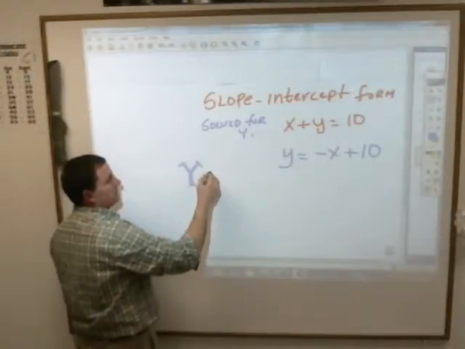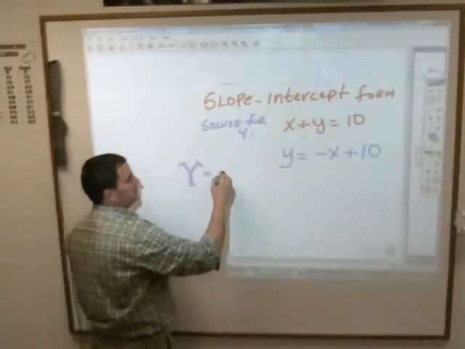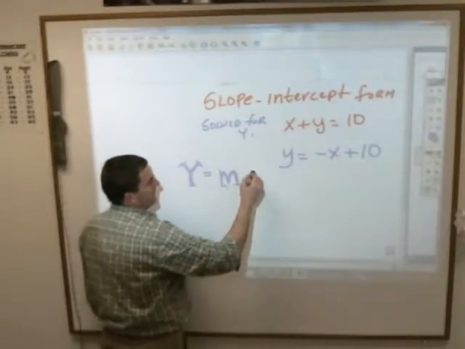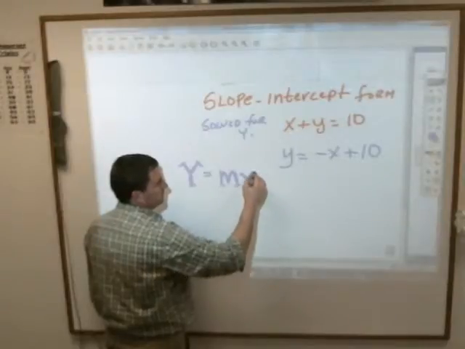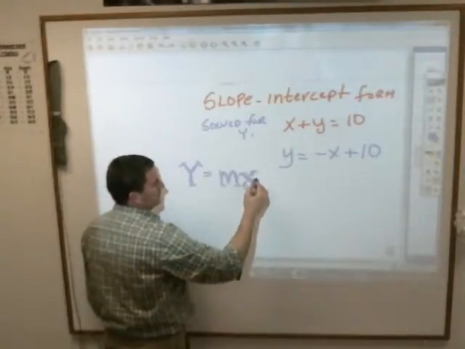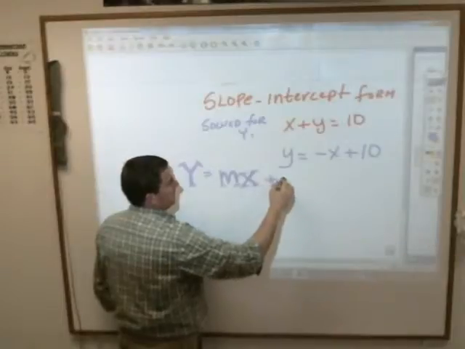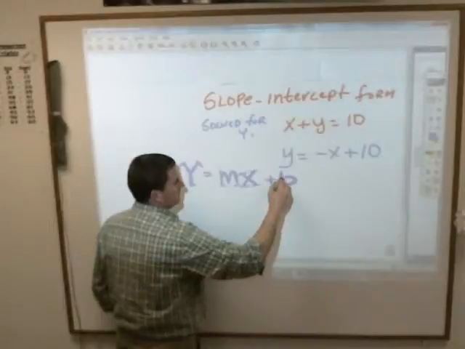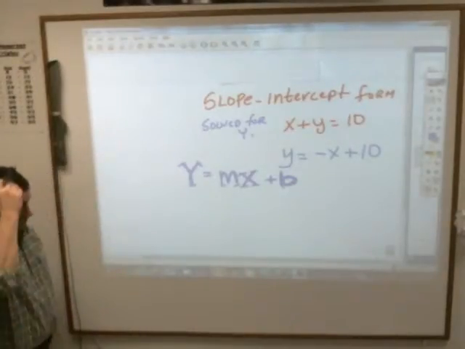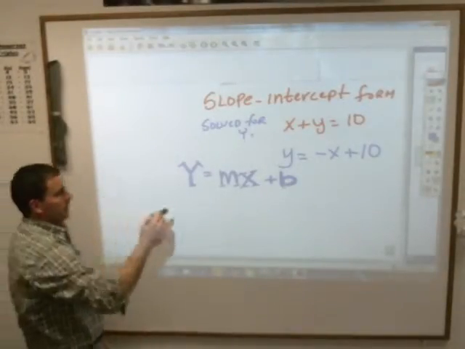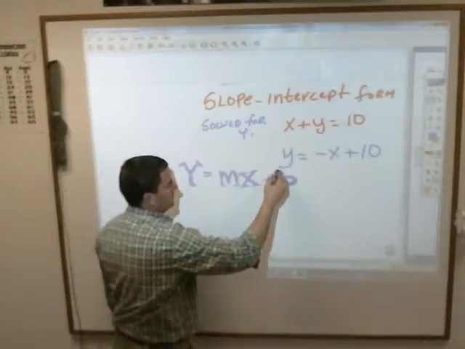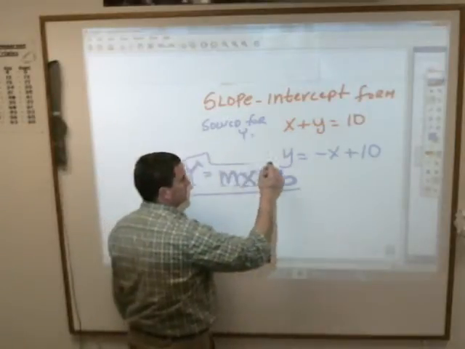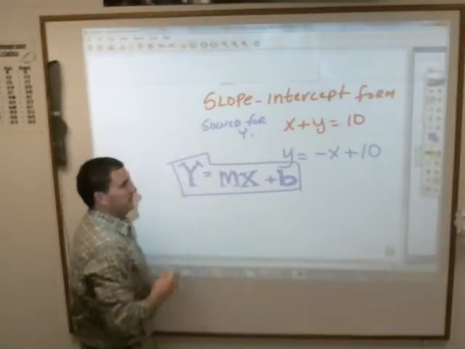Here is the slope-intercept form: y equals mx plus b. When somebody talks about slope-intercept form, this is the generic formula for it. It's the form that it needs to be in.